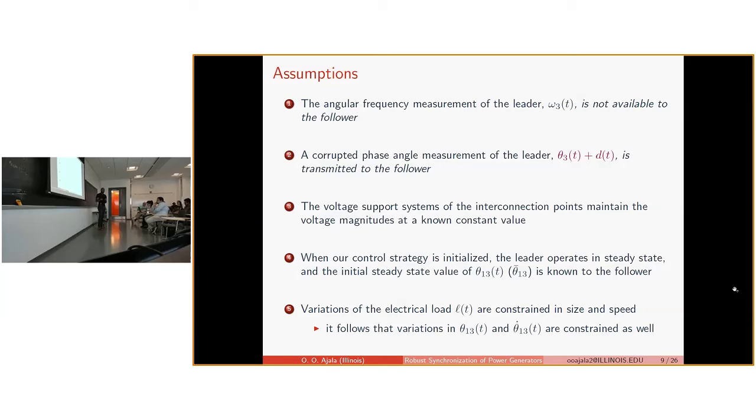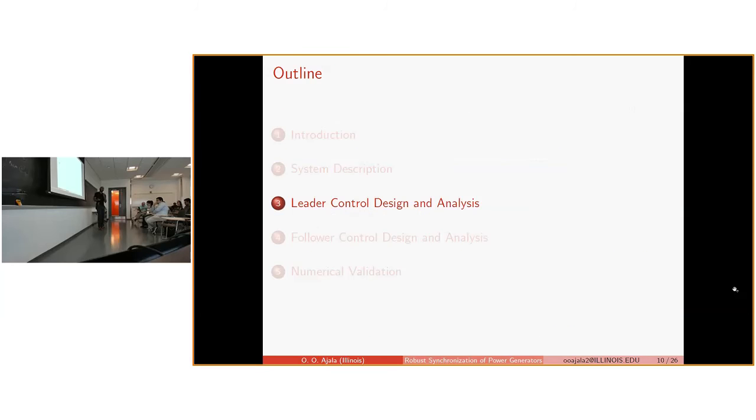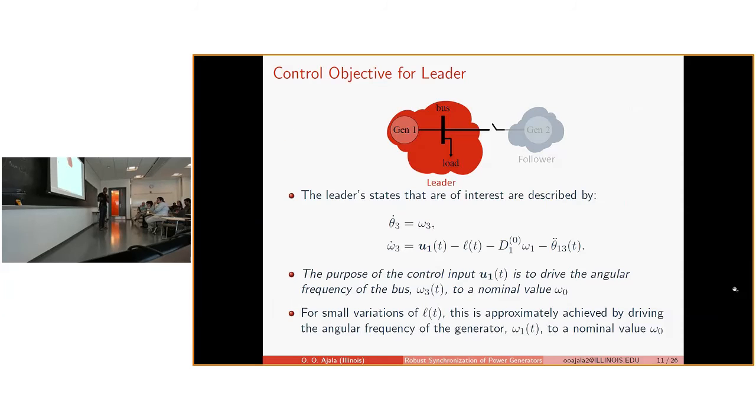Also, we assume that variations in the electrical load are constrained in size and speed. It follows that the variations in the phase of the generator and the bus will also be constrained. Okay, so now I'm going to talk about the leader control design and analysis. As I mentioned earlier, the goal here is to synchronize these two systems. However, this system has to supply this load with the following control objective.